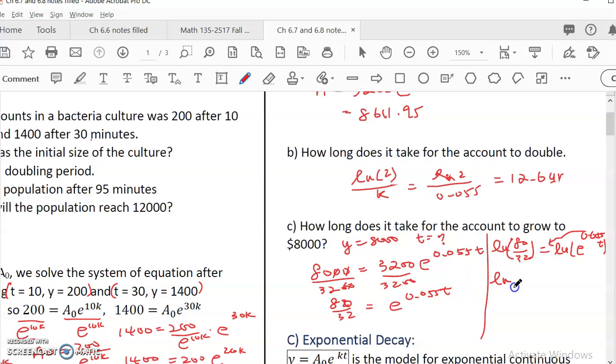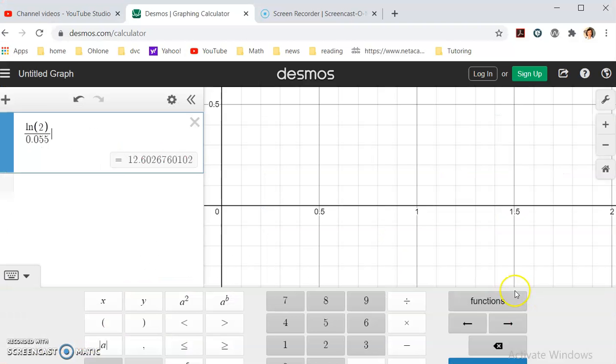So ln of 80 over 32 is equal to 0.055 t, only because ln e is actually 1. So t would clearly be just this ln divided by 0.055. You see that you're almost doing the same thing again and again. So it's just a matter of putting it in the calculator.